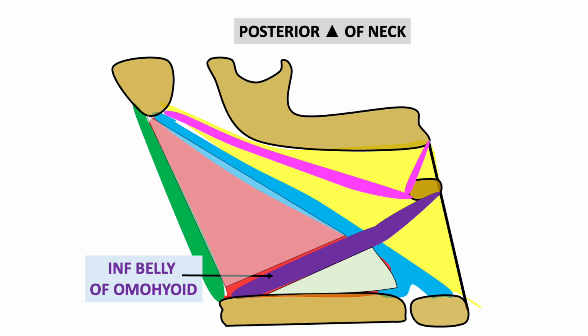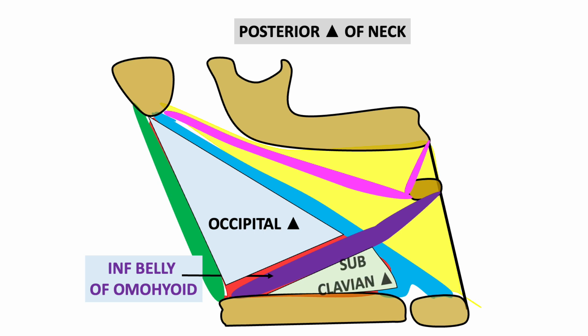What are their names? The larger triangle is the occipital triangle, and the smaller triangle is the subclavian or supraclavicular triangle. So in the posterior triangle we have two triangles, the occipital and the subclavian triangle, which are divided by the inferior belly of omohyoid.